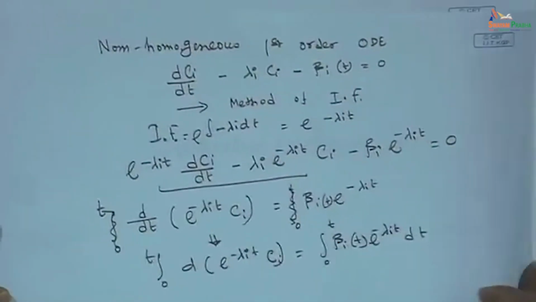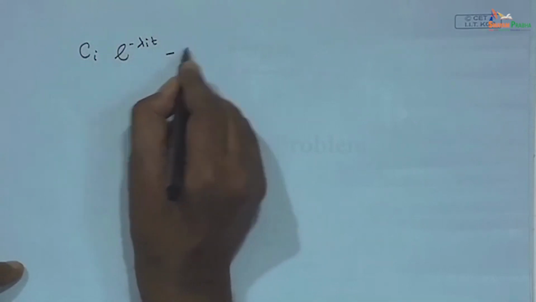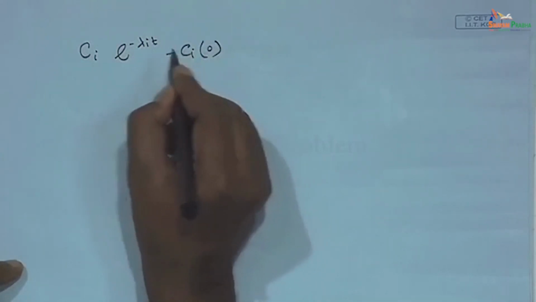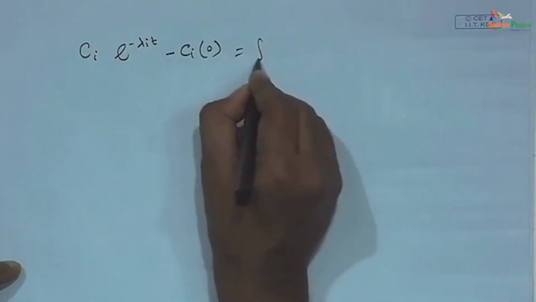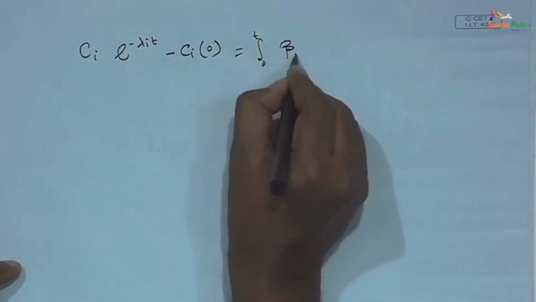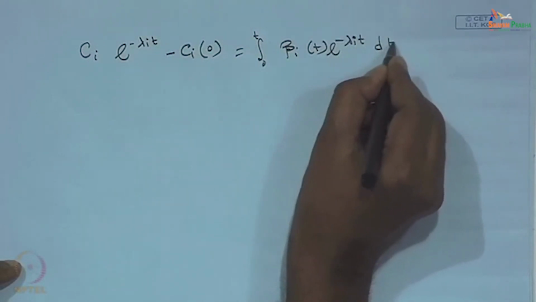So, therefore, after integration you will be getting c_i e to the power minus lambda_i t minus c_i at time t equal to 0, where e to the power 0 becomes 1, is equal to the integral from 0 to t of beta_i(t) e to the power minus lambda_i t dt.